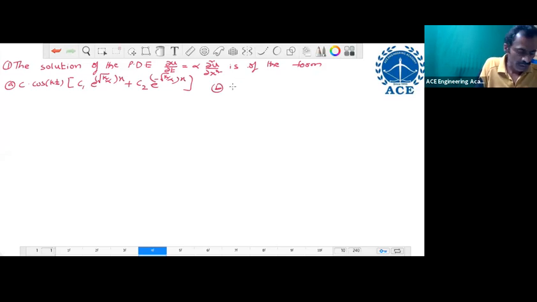Option B, C into e power kt into C1 into e power under root of k by alpha into x plus C2 into e power minus under root of k by alpha into x.